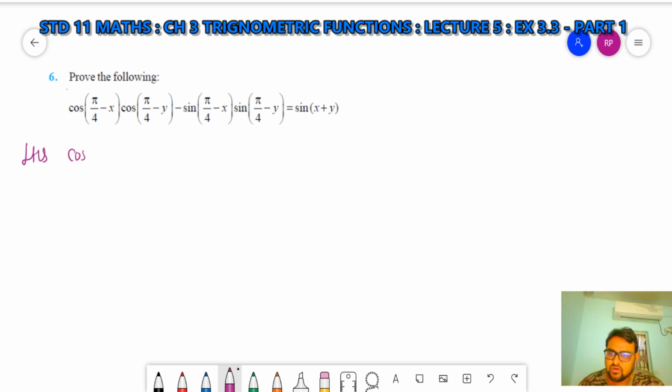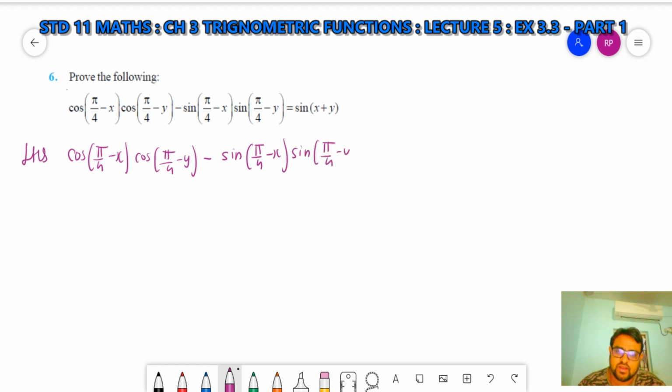LHS: cos(pi/4 - x) cos(pi/4 - y) minus sin(pi/4 - x) sin(pi/4 - y). Now when you see here, pi/4 - x, I will take as alpha, and pi/4 - y, I will take as beta.